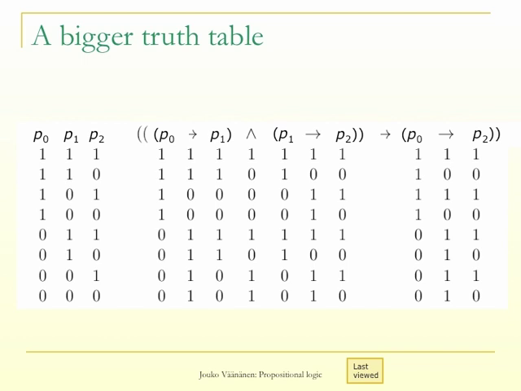It is an implication of the conjunction and the implication. So we have to look very carefully what the truth values are on each row of the conjunction and the implication on the right. The truth table is ready.